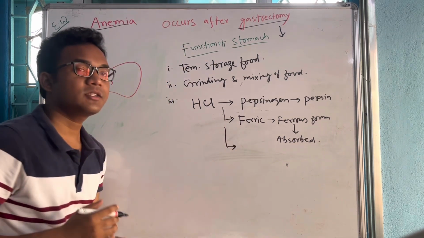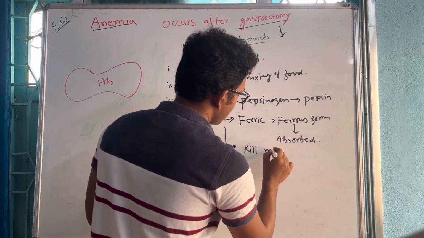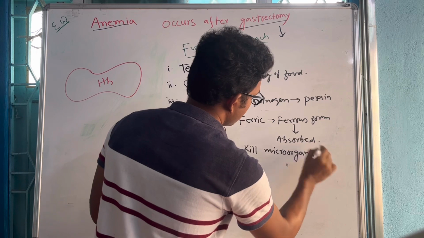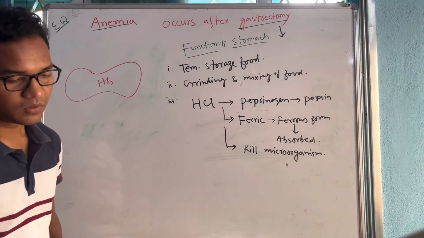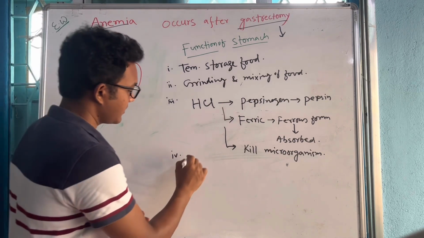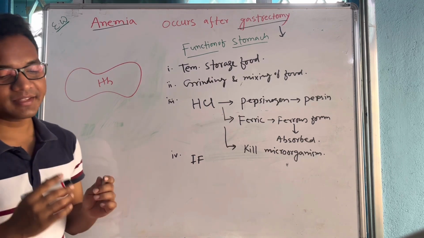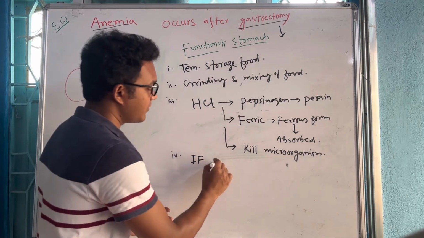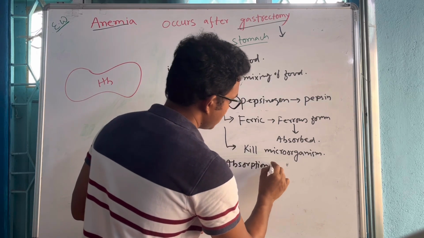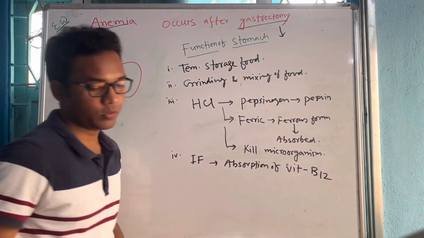Another function of HCl is to kill microorganisms. And another function of the stomach is that it secretes intrinsic factor, and this intrinsic factor helps in absorption of vitamin B12.